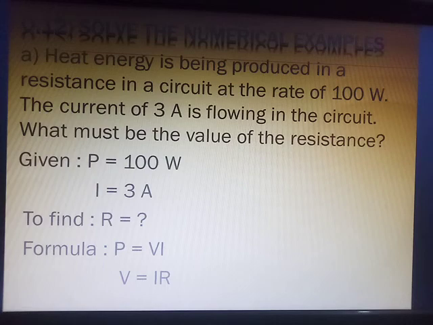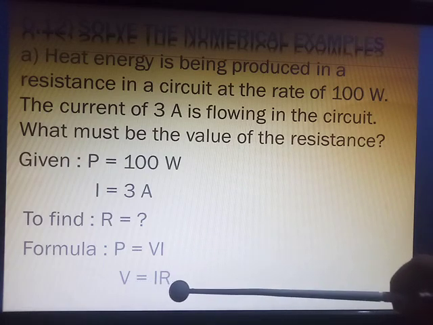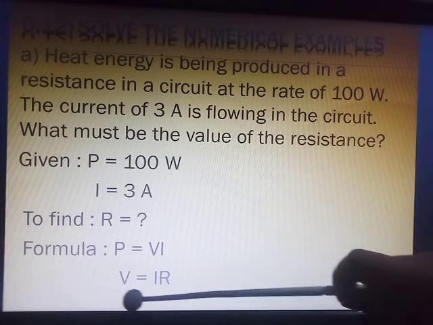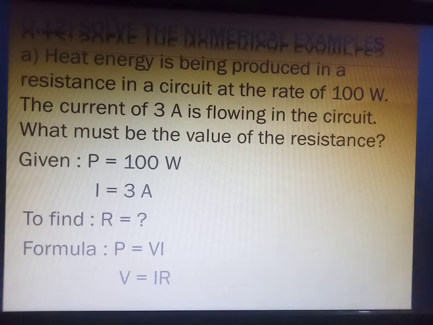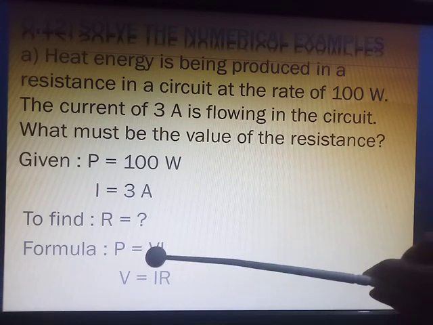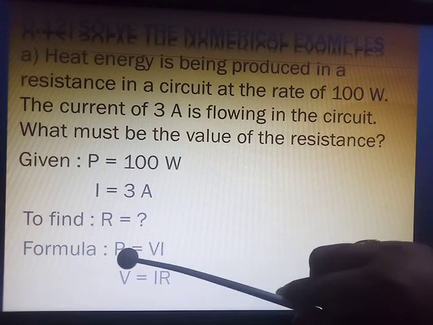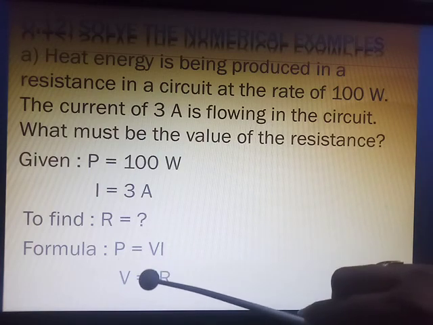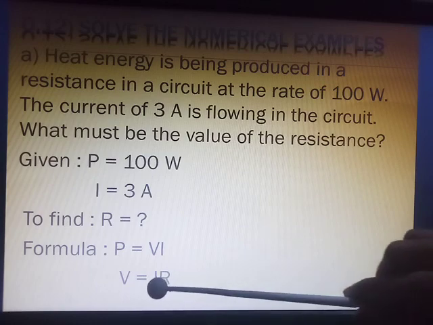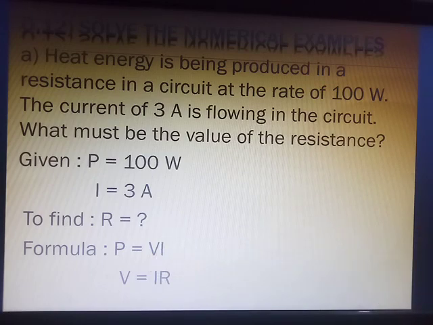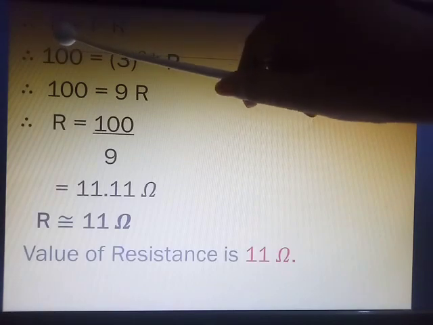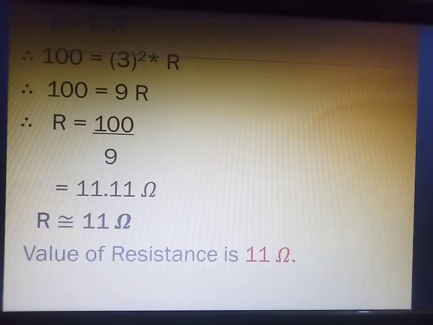That formula according to Ohm's law, V is equal to IR. This concept you are going to apply. This value of V you are going to substitute over here. So what it will become? P is equal to, in place of V you will write IR. So I multiply by I. So I square R. So here you are going to write, therefore P is equal to I square R.